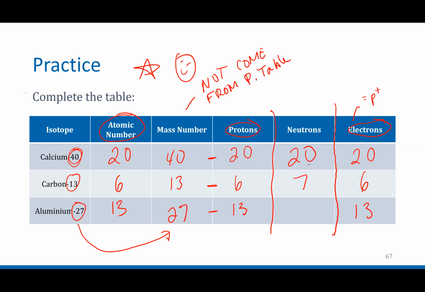And 27 minus 13 would be what, 14? I think. All right, so this is definitely something you need to know. And it looks like in the chat, Sophia got it perfectly correct.